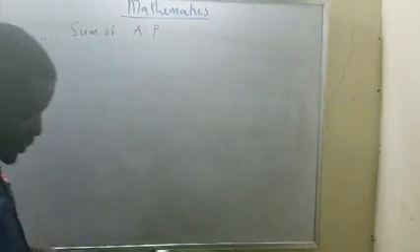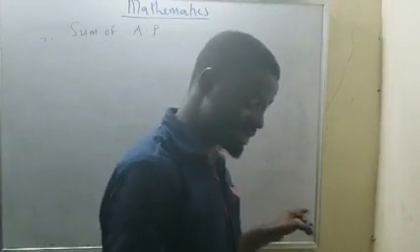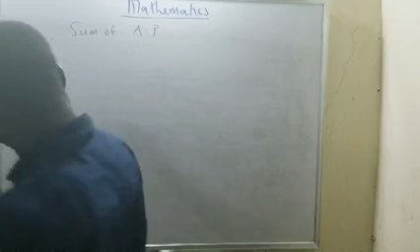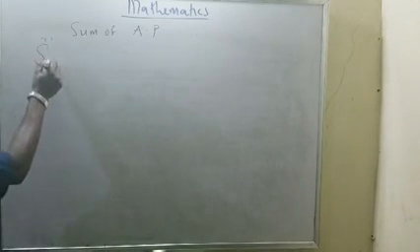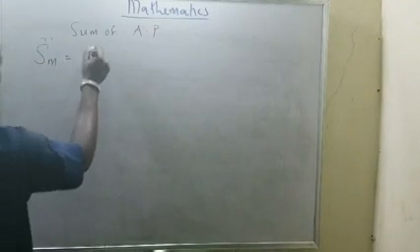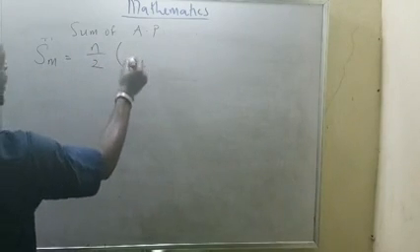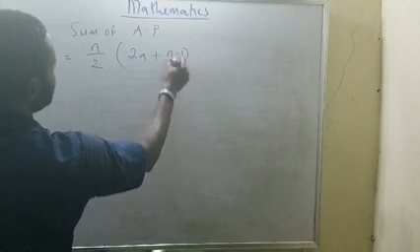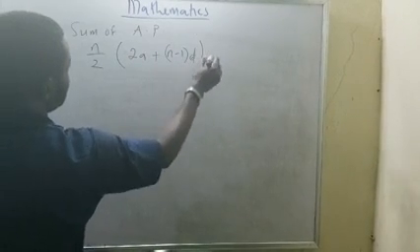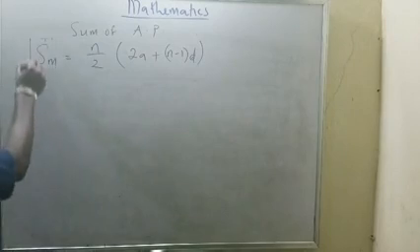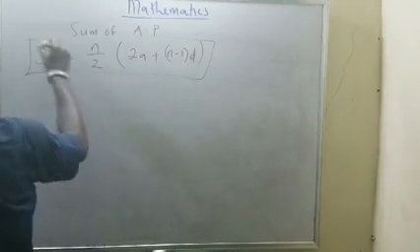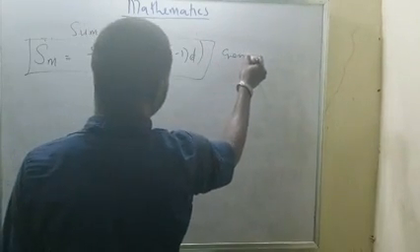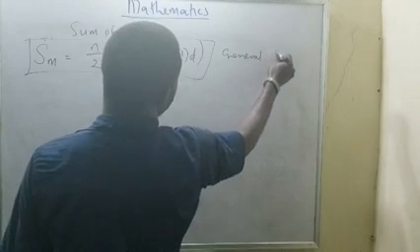How do I get it? I don't have time to be generating this formula. It is n all over 2 bracket of 2a plus n minus 1 bracket of d close bracket. This is the general formula.